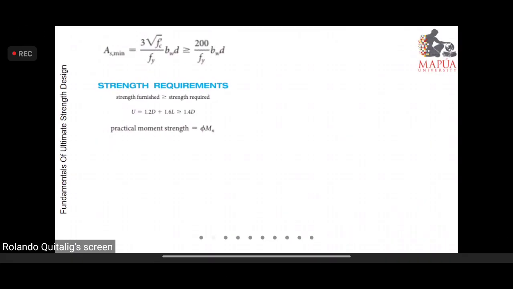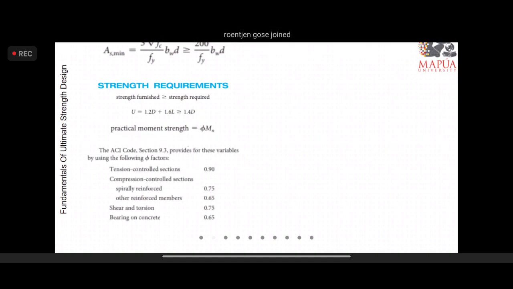strength reduction factor we discussed in the compression control, transition region, and tension control. 0.9 for tension control, so 0.65 to 0.9 for the transition region and 0.65 for compression control. Since we will be dealing with dominant strength of the steel in tension, this will be 0.9.